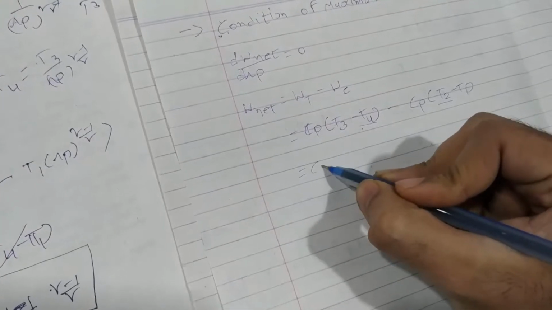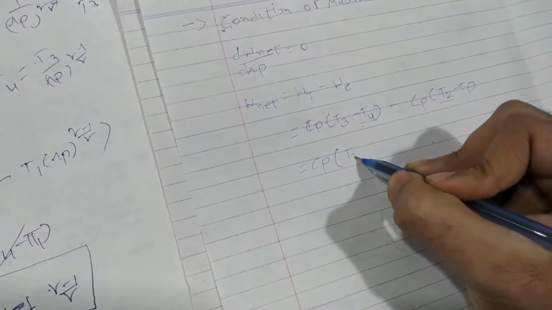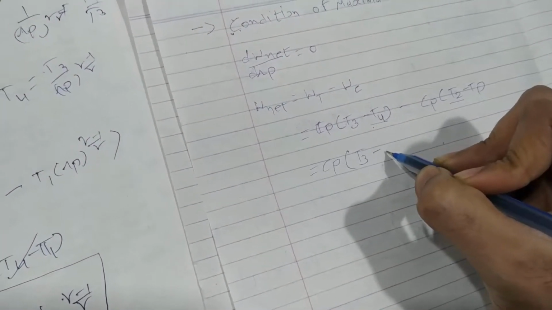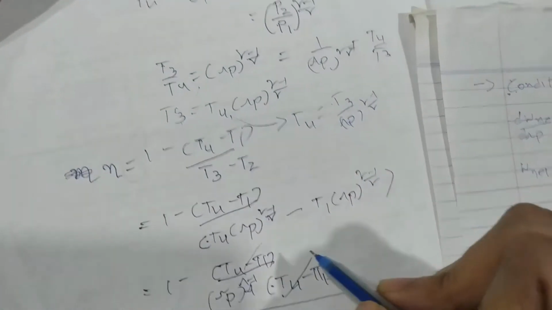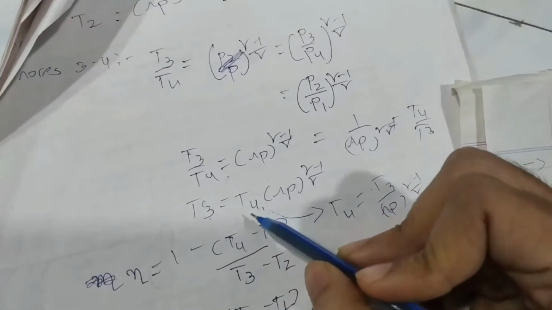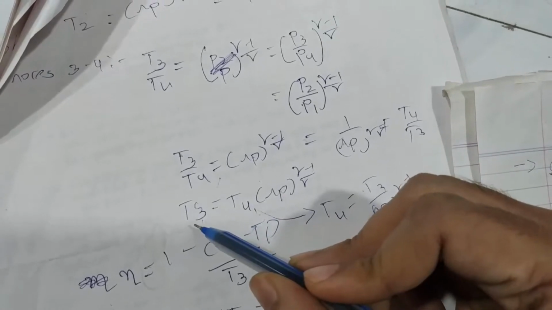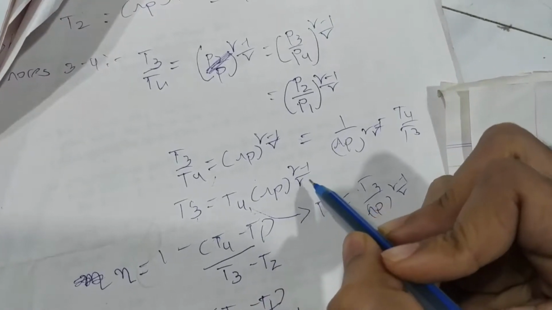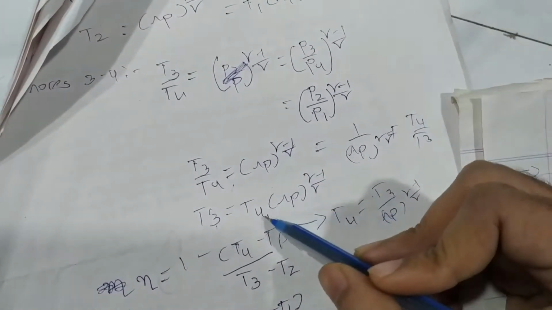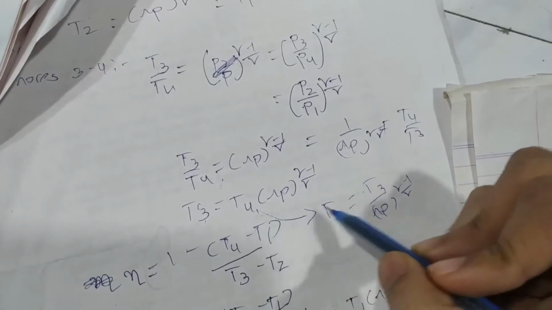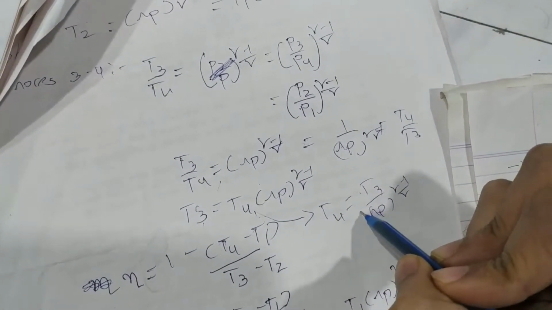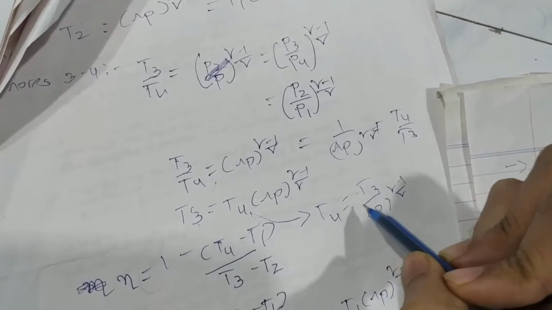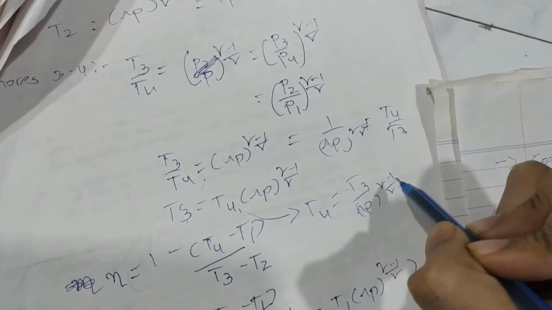So I will write here Cp T3. I can take the value of T4 from here. This is something which I derived the last time. T3 is equal to T4 Rp raised to (gamma minus 1) upon gamma. So if I take T4, then this equation will be written as T4 is equal to T3 upon Rp raised to (gamma minus 1) upon gamma.